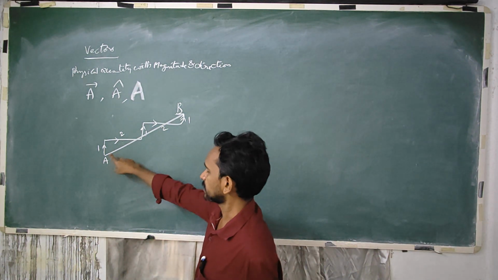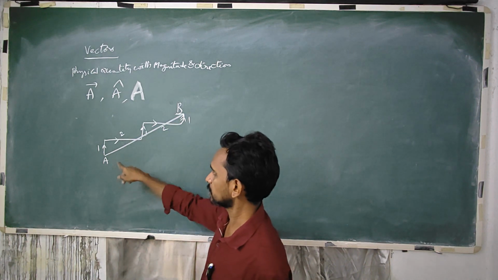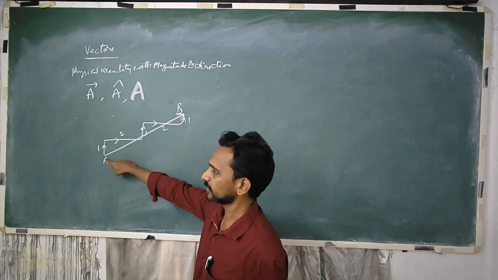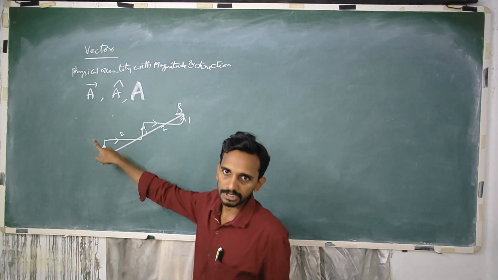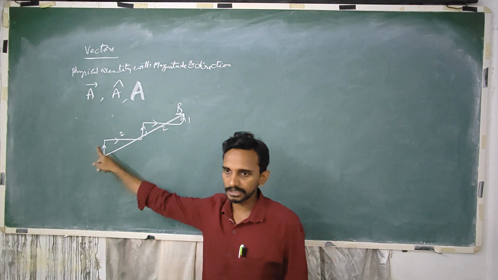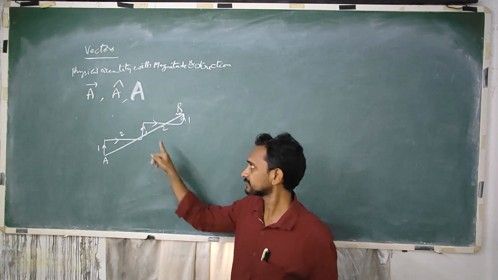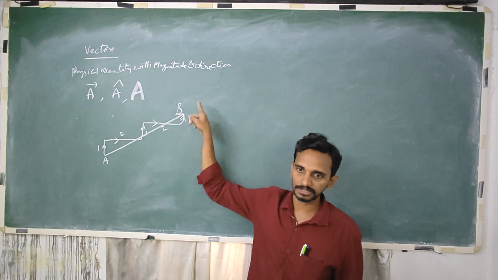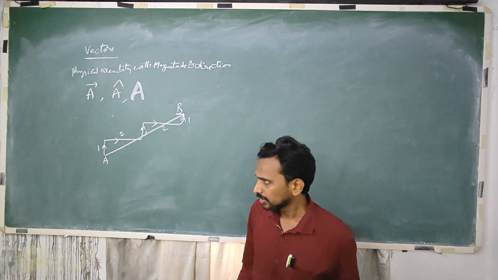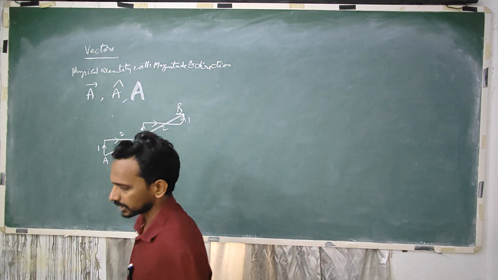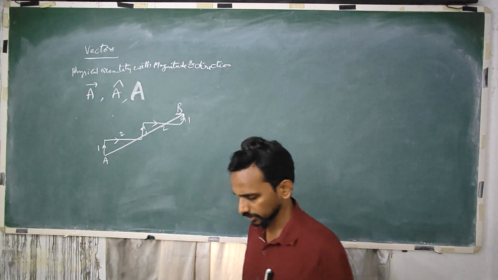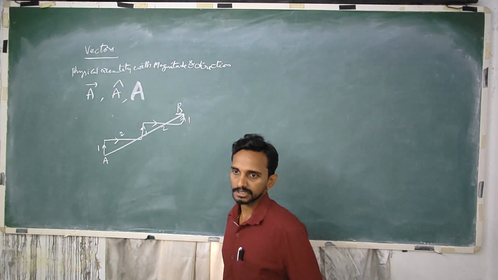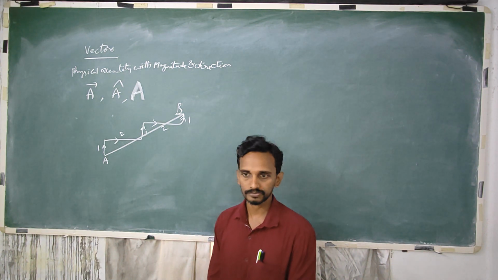While traveling from A to B, let's say you start from A, travel 1 unit straight, then take right and travel 2 units, again left, travel 1 unit, again right, travel 2 units, again left, travel 1 unit. So whatever distance you are talking about is now tagged with direction information also.